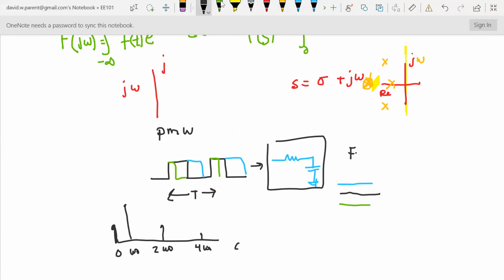And maybe at 6 omega naught, we have another big one. This is the frequency axis. It's linear, not log, because we've got the 0. So if I want to get rid of a frequency, all I have to do is draw a box, keeping what I want, getting rid of what I don't want, and letting back in what I want.